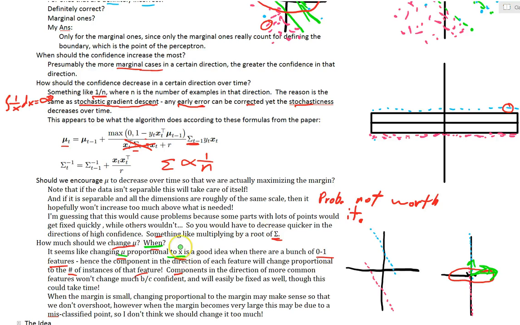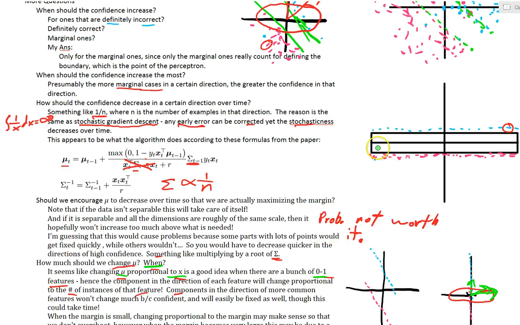Because in these new directions, where the confidence is still very low, if we've got a 0, 1 variable, so we've got a feature of 1 in that direction, well, then we're going to be doing a full update in that new direction, which will help us classify this point correctly in high dimensional space.